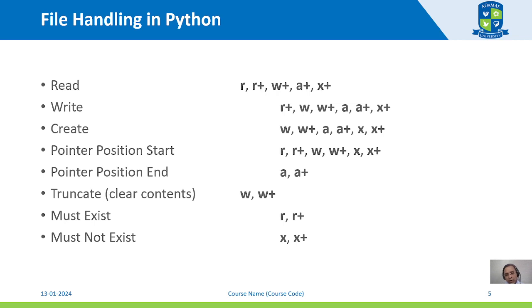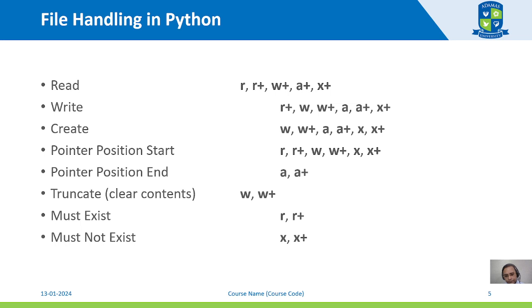Truncate and clear the content. Suppose a file which is opened has some content, and if we again open the file in write mode and we try to write something, then the previous content will be erased or cleared.